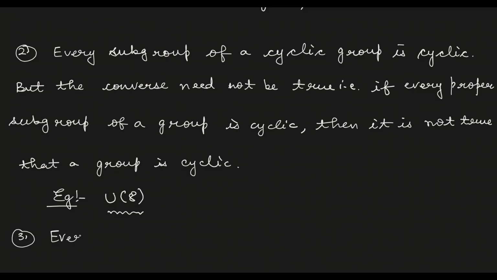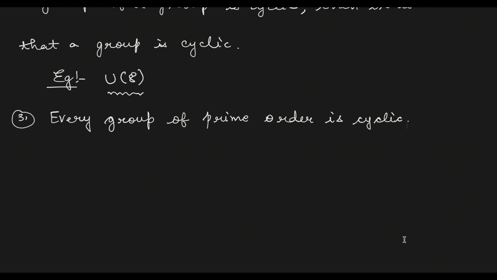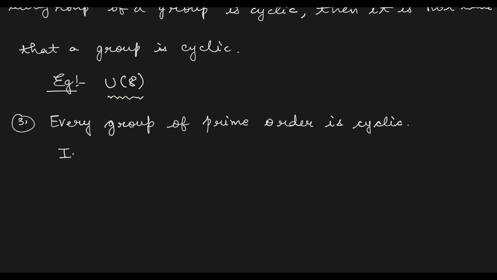Every group of prime order is cyclic. If order of G is equal to p, p is prime, then G is cyclic.